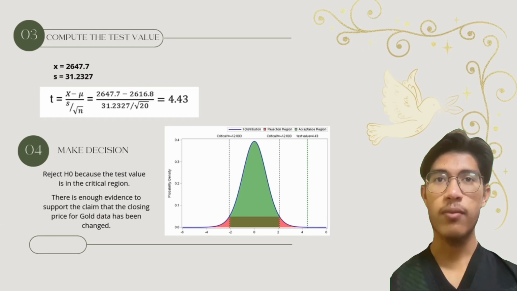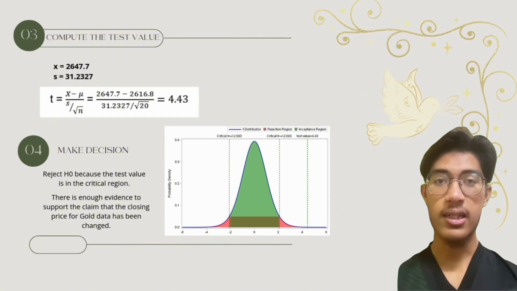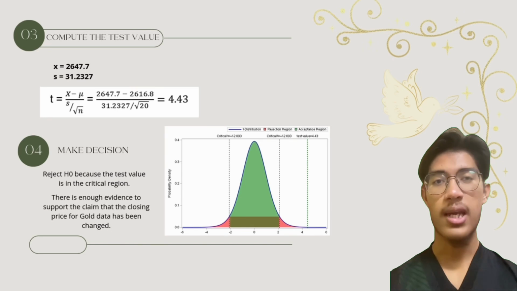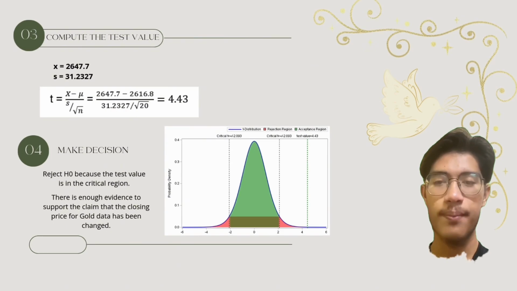Since the value from the formula, 4.43, is bigger than the critical value from the table, 2.093, H null is rejected. So there is enough evidence to support that the closing price has changed at alpha equal to 0.05.